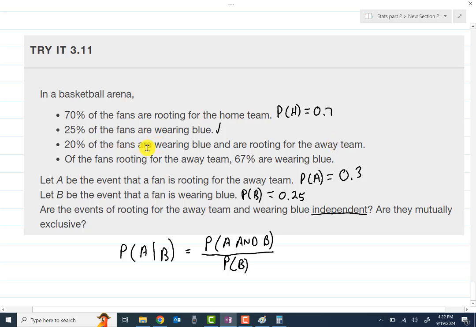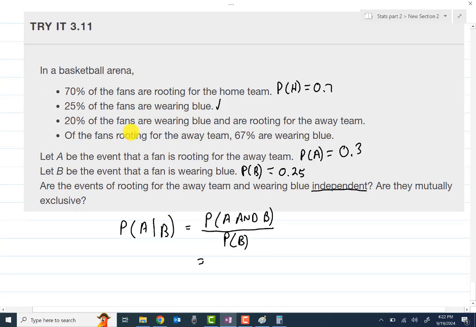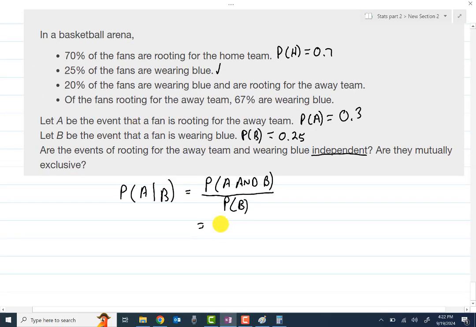So 20% is the probability of A and B. So let me put that in. 20%, I'm going to put 0.2, and the probability of B, 25%, that's 0.25. This equals 0.8. Does that equal the probability of A?